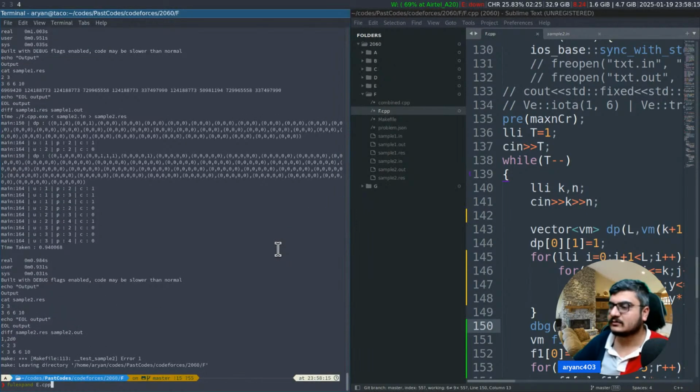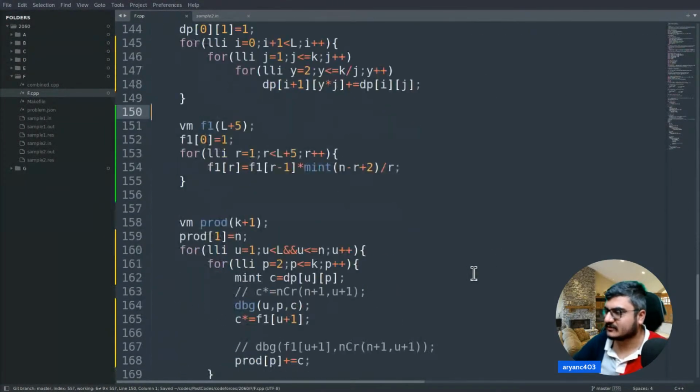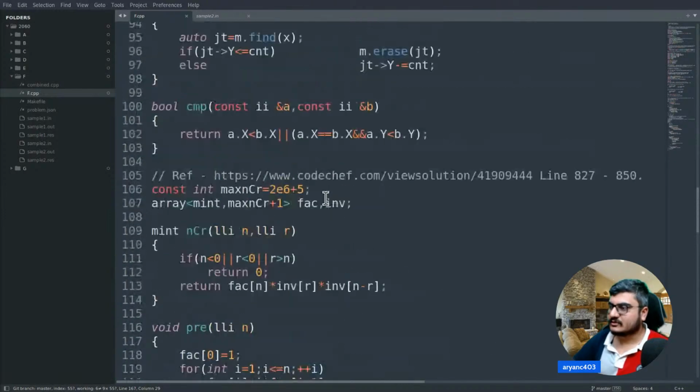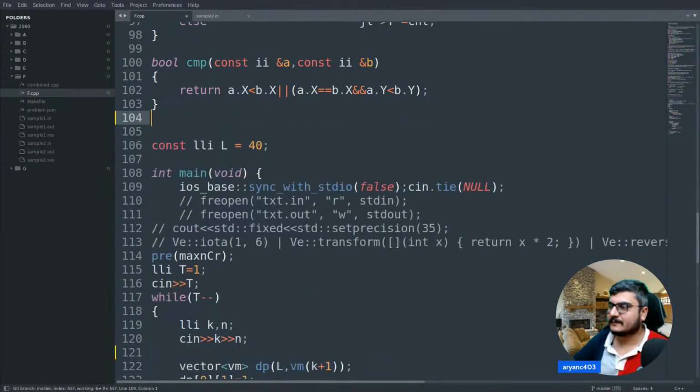Okay, yeah, it's just correct. Not sure what mistake I was making, but that's where we are. So this was the solution I had. We do not need a lot of boilerplate NCR stuff here.